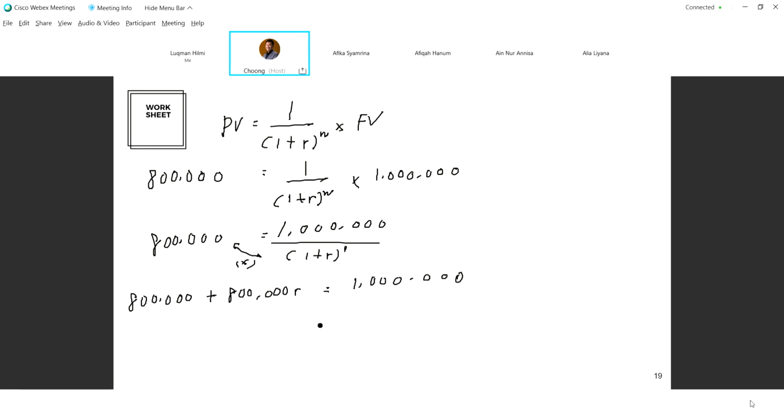Nah, ni maksudnya A sama dengan 1 million minus 800,000. Ini adalah 200,000 lah.